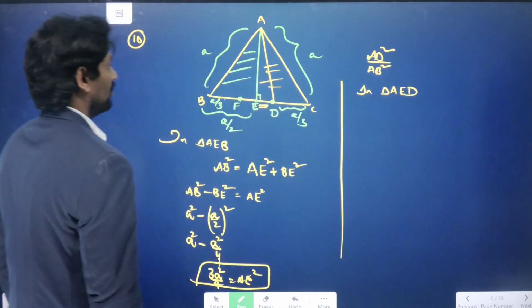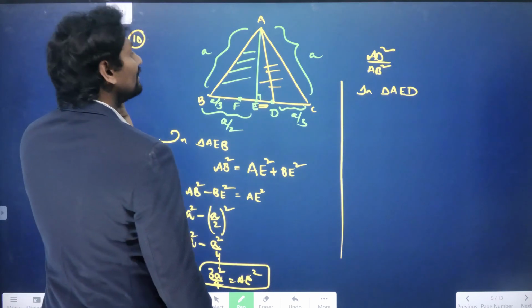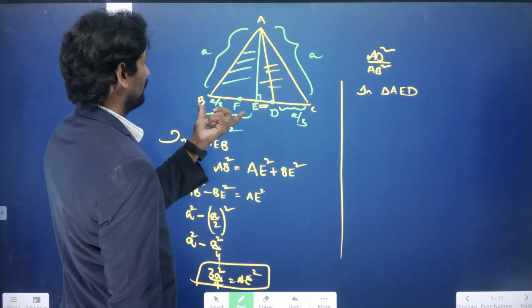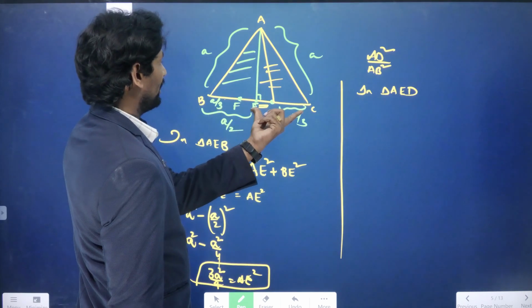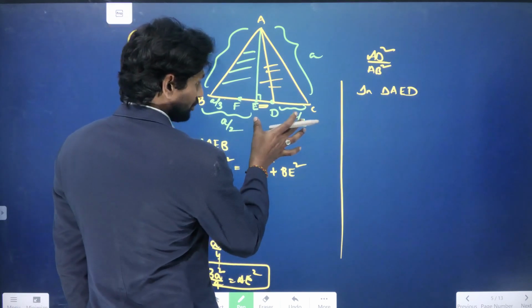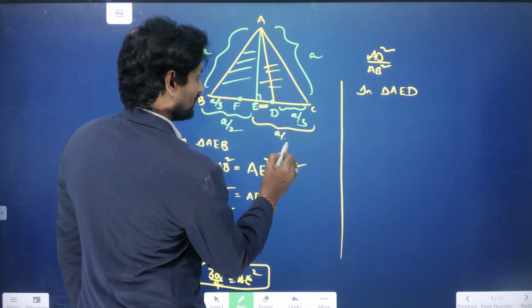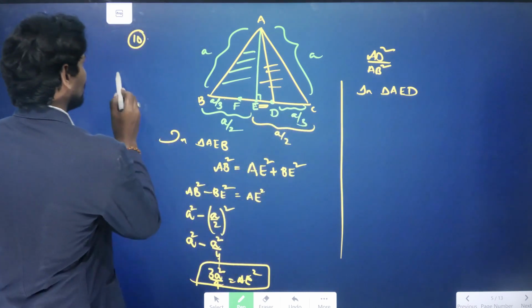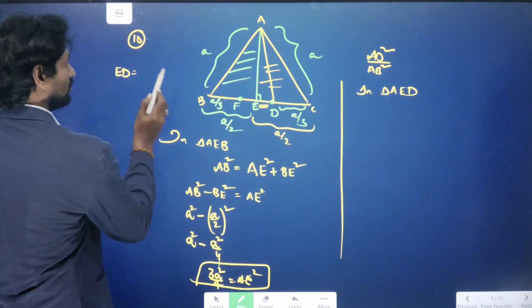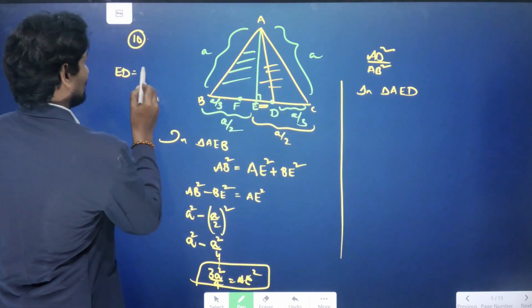To find the ED value, the total distance from here to here is a by 2, minus a by 3. So ED equals EC minus DC.